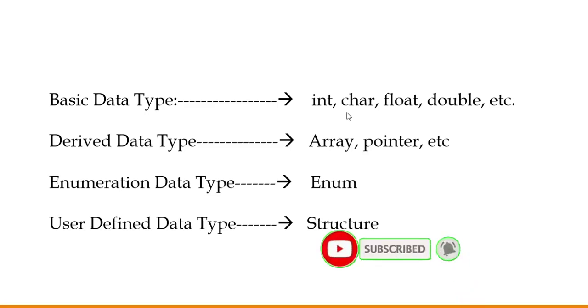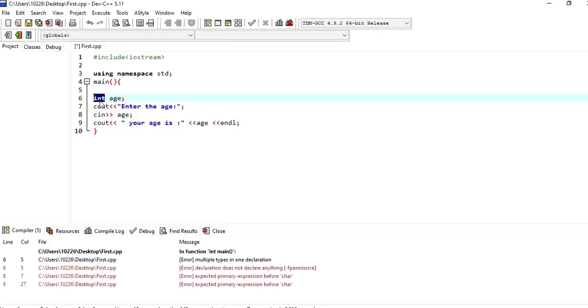For example, let's say your operating system is a 32-bit operating system. If it is a 32-bit operating system, an integer will occupy only 2 bytes of memory. So for example, here we have integer and age. This age is a memory location, or I would say a variable name. In order to store this age in memory, it will require only 2 bytes of memory if your operating system is 32-bit.